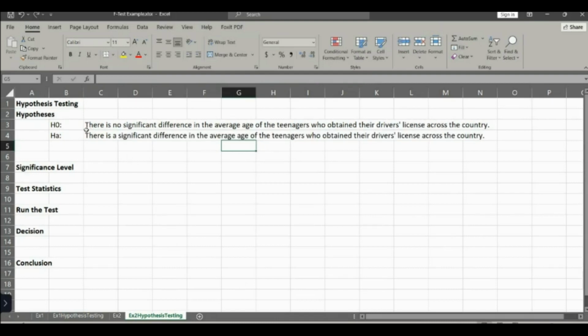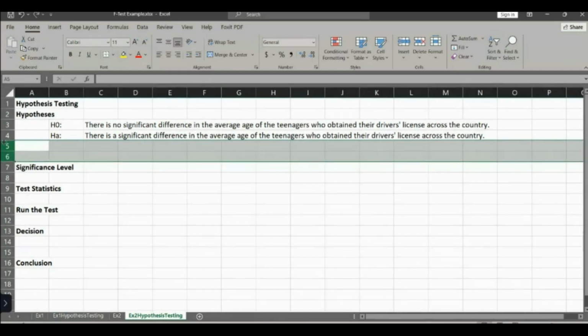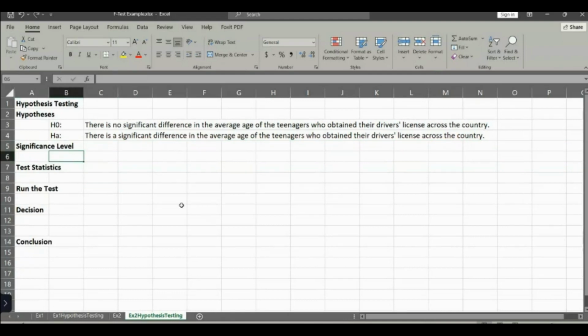So that settles our hypothesis, the formulation of our null and alternative. We can now move on to the significance level. Significance level, of course, we'll be using, as usual, 5% alpha level of significance.